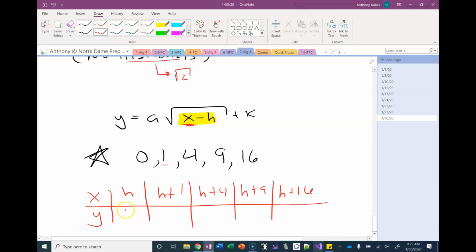Now the y values we get also from this. I'll write it this way. Where do you suppose these 0, 1, 2, 3, 4 are coming from?